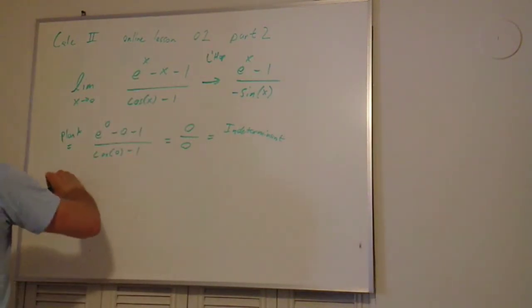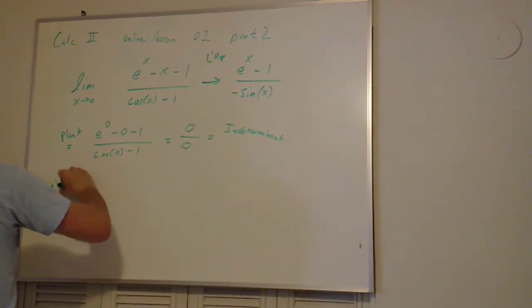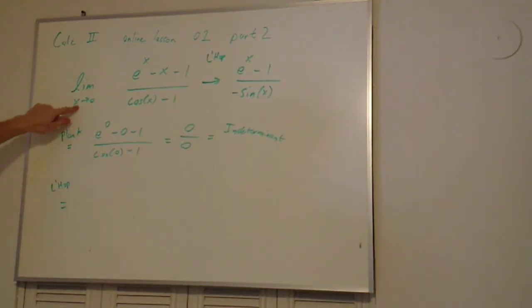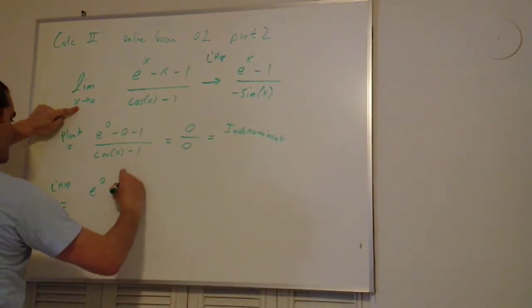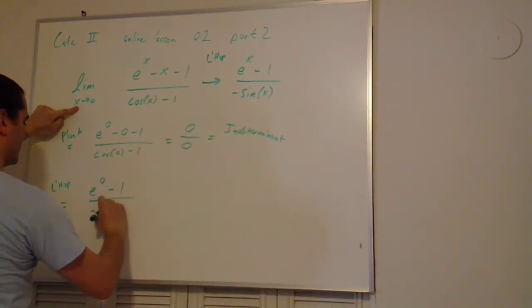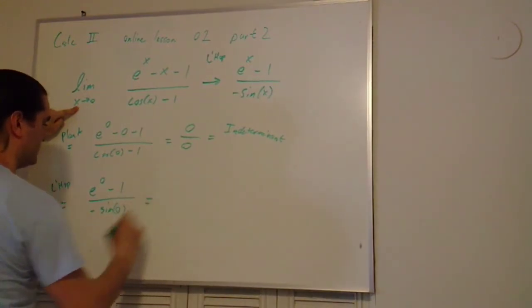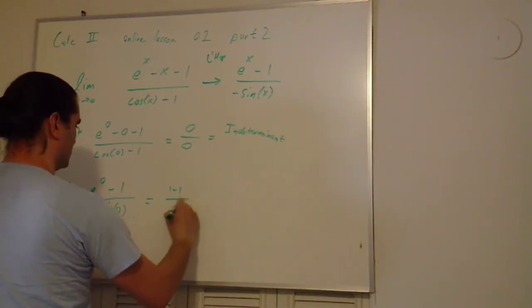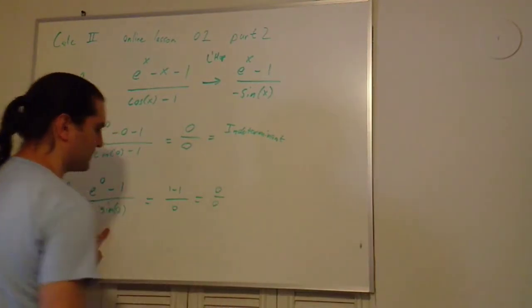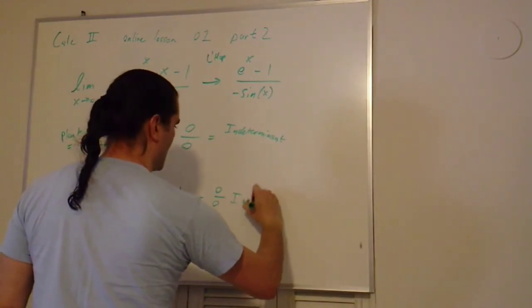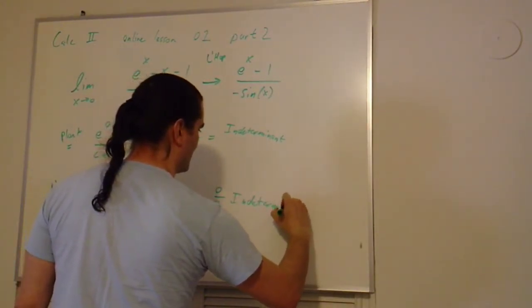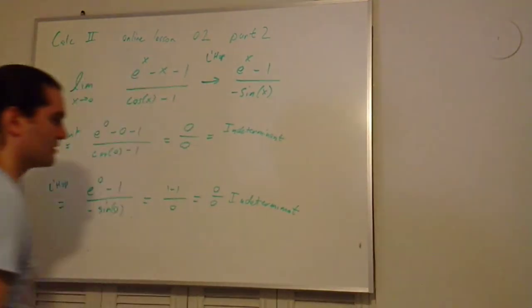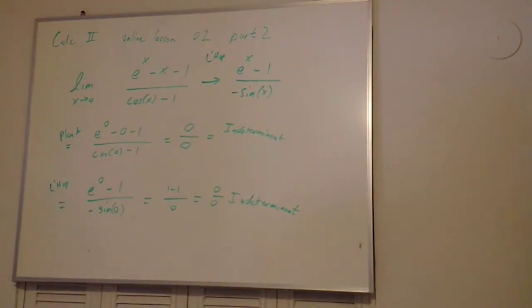So, we're going to L-hop this and get, plugging 0 into that, e to the 0 minus 1 over negative sine of 0, which is 1 minus 1 over 0, which is 0 over 0. There's another indeterminate. I must be spelling that word wrong. Don't look closely at it.